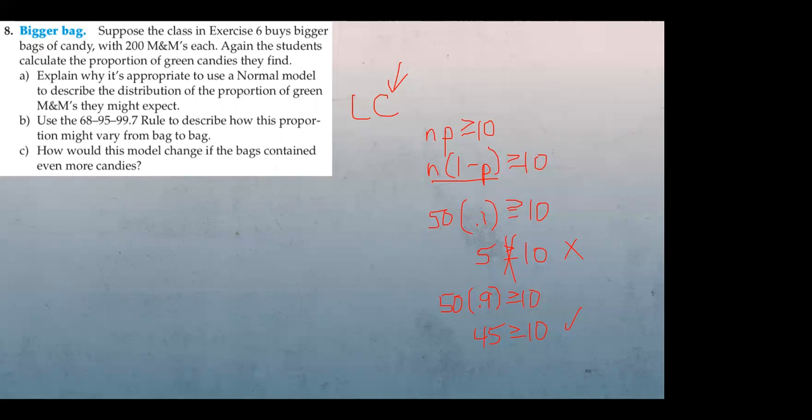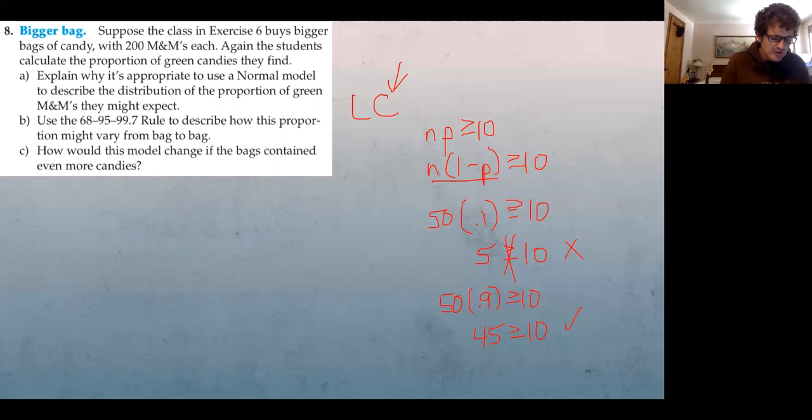Yeah, right. It should be okay in this case. Now, again, the only thing that I'm changing is that now my sample size is 200. The claim of 10% green is still there.